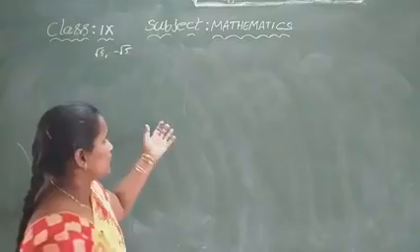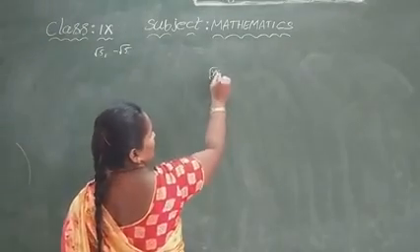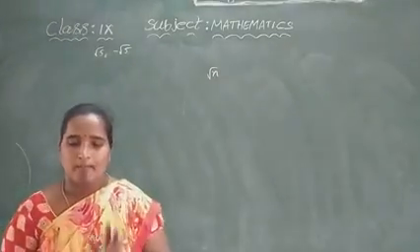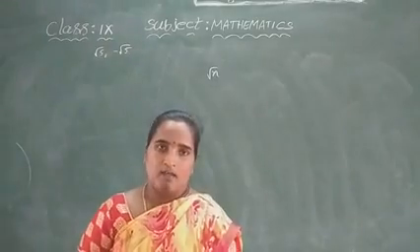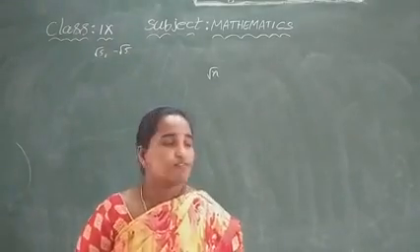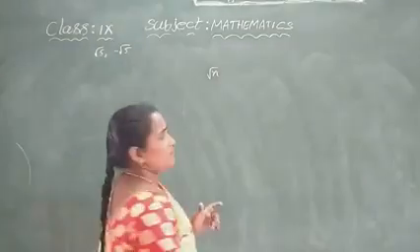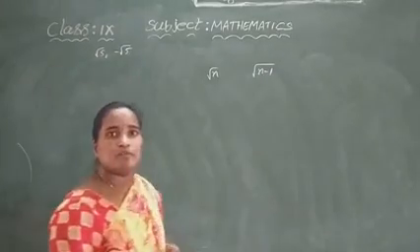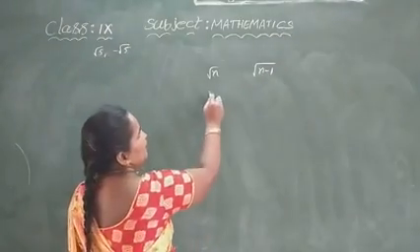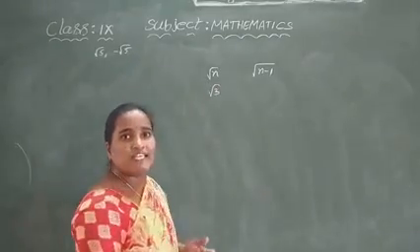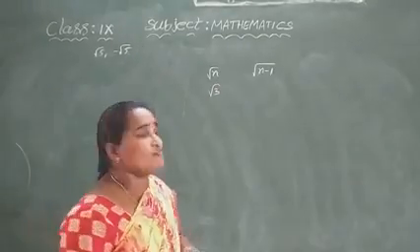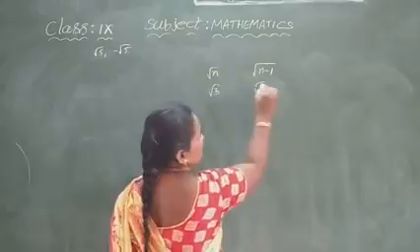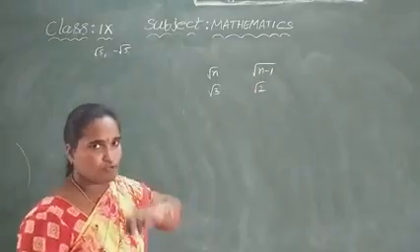For example, you take any √n number to locate on the number line. We must compulsorily know the position of √(n minus 1). For example, you take the √3 value, then you must know the position of √2. That means 3 minus 1, √2 value.